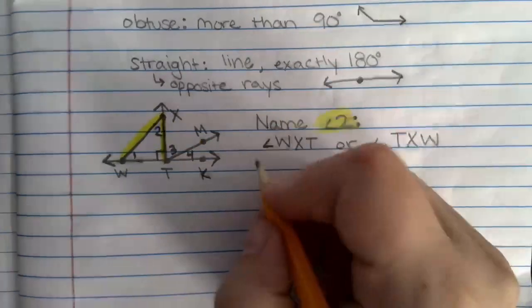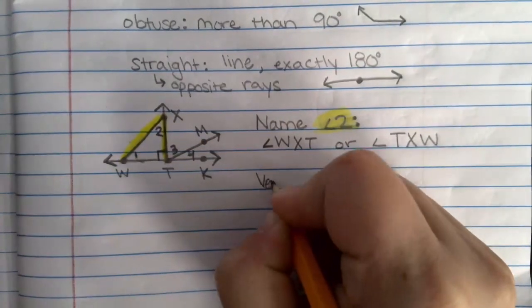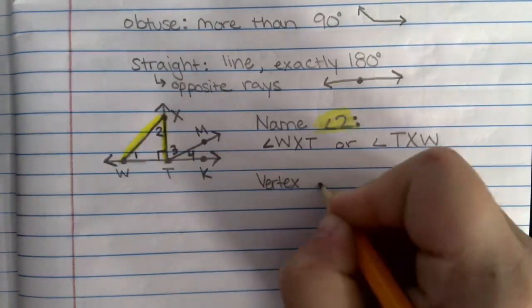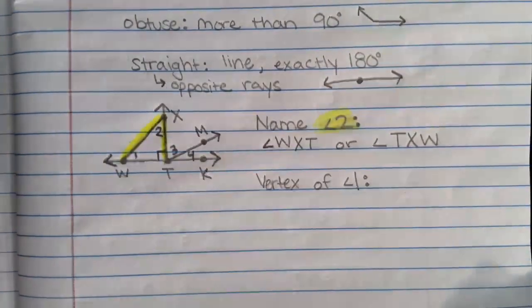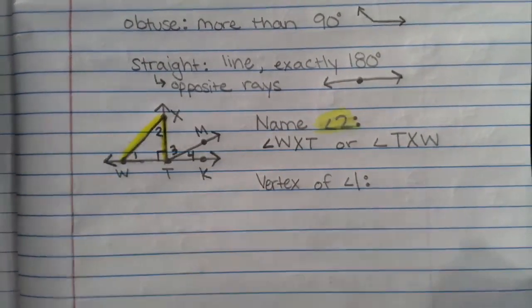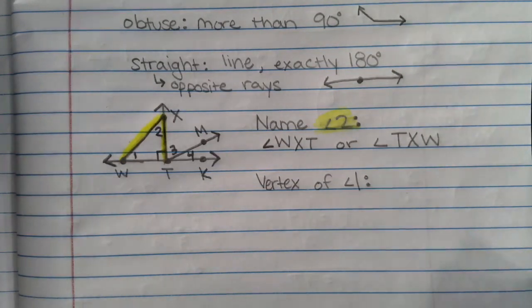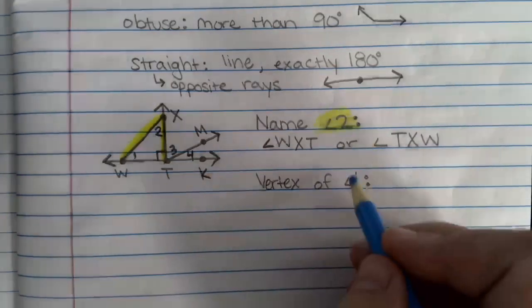All right, if I want to know what is the vertex of angle 1, okay, so I'm switching it up here. I'm going to look at angle 1.